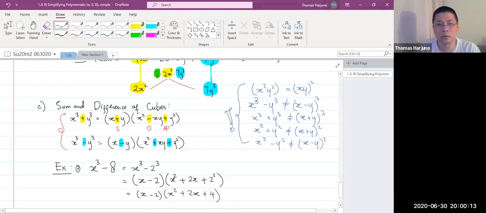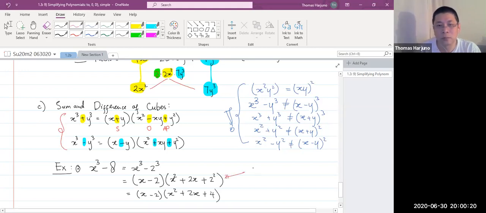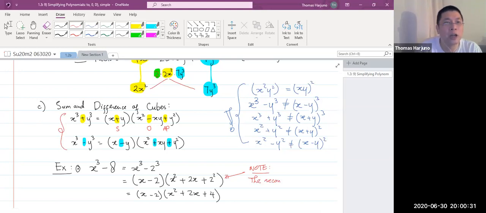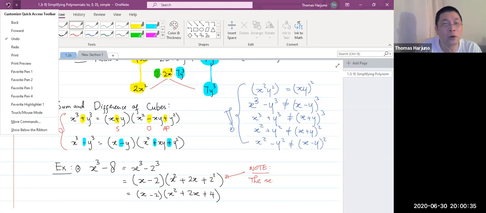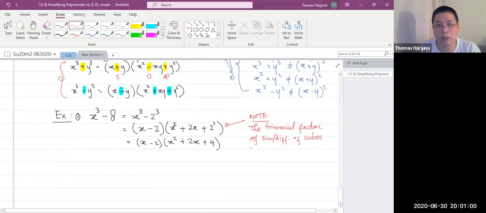Some little notes. I think I should say the trinomial factor of the sum or difference of cubes is rarely factorable further.